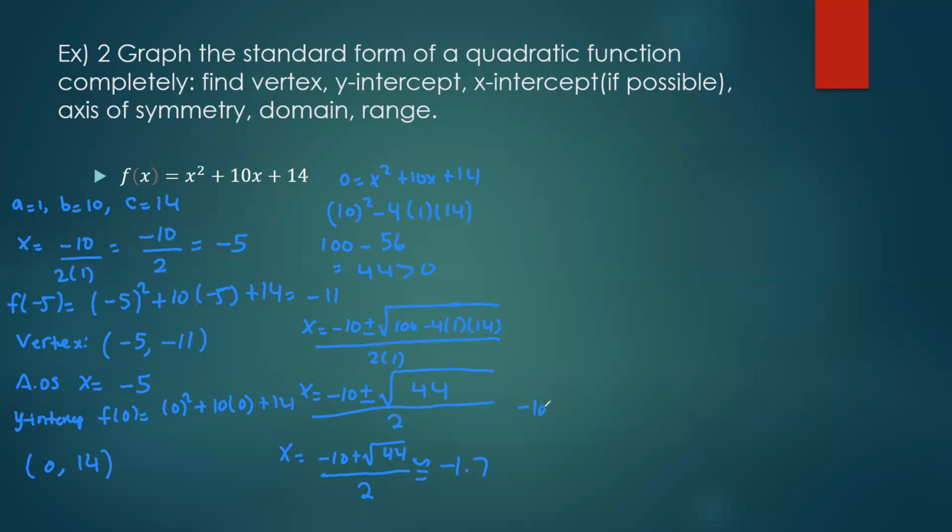And then your other one is negative 10 minus radical 44 all over 2, which is negative 8.3. Okay, so my two x-intercepts are negative 1.7 comma 0, and then negative 8.3 comma 0.